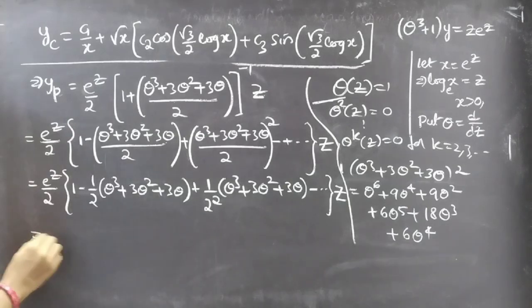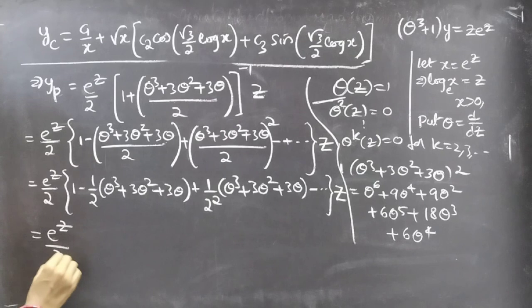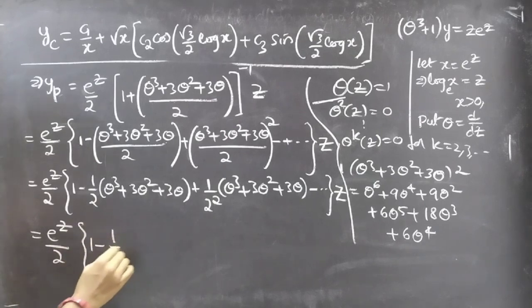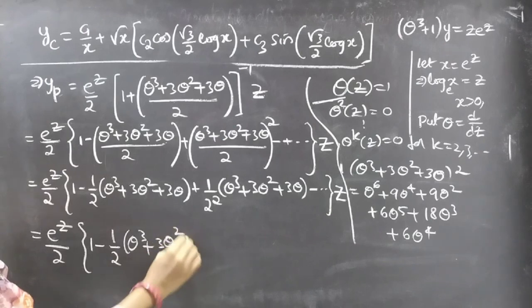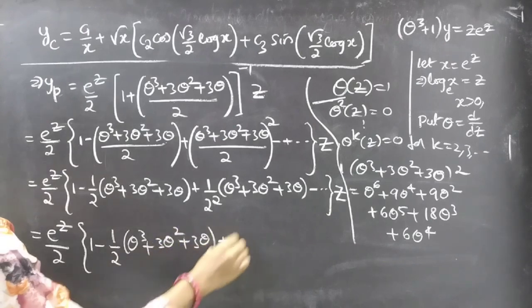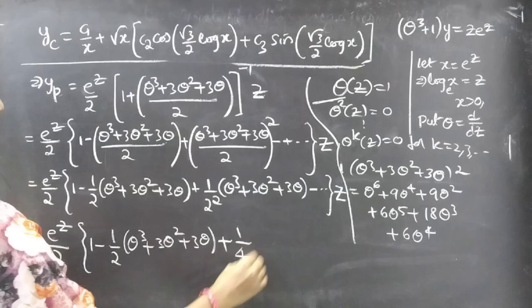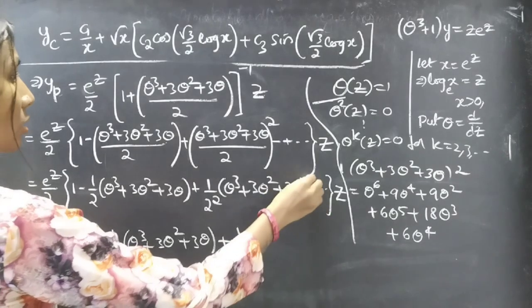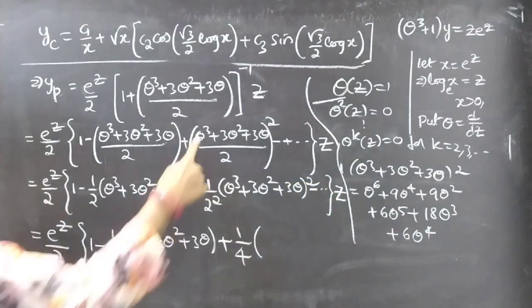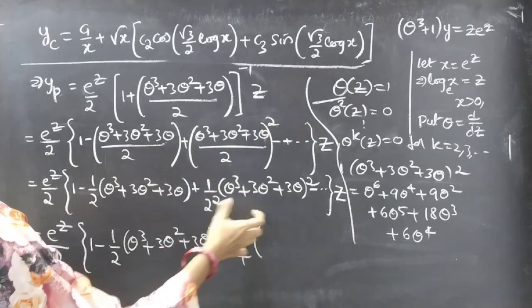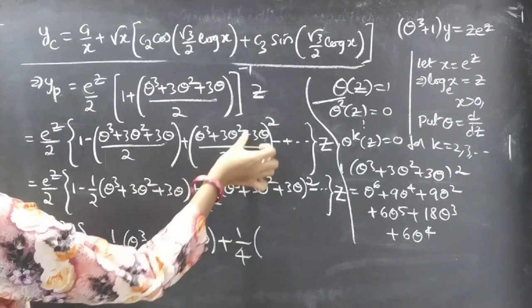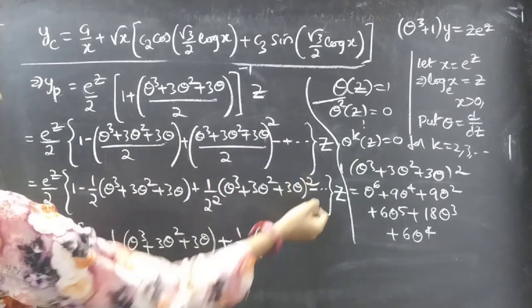This becomes e power z by 2 into 1 minus 1 by 2 into (theta cube plus 3 theta square plus 3 theta) plus 1 by 2 square, which is 1 by 4, into the square, okay? Because (theta cube plus 3 theta square plus 3 theta by 2) whole square is 1 by 2 square into (theta cube plus 3 theta square plus 3 theta) whole square.